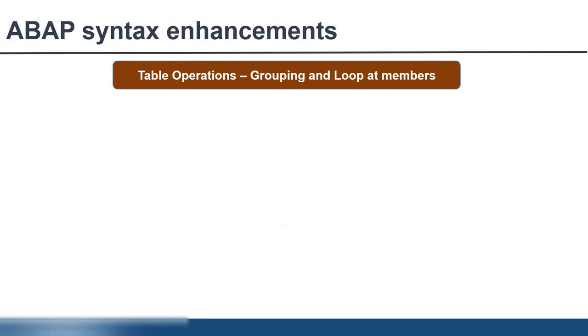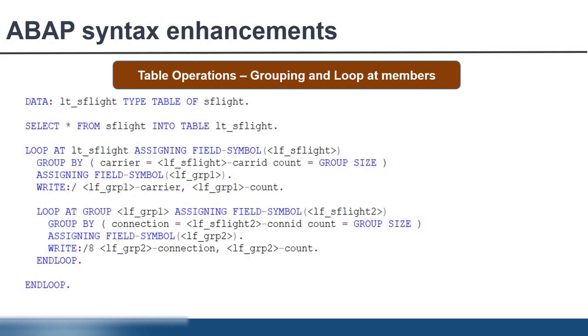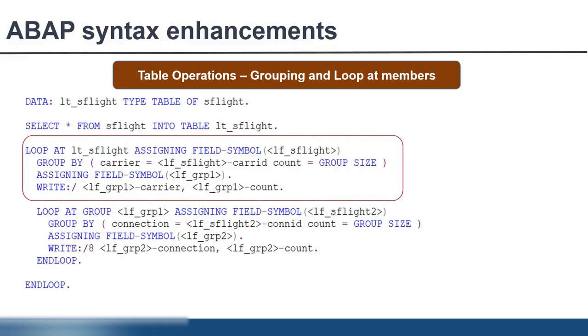Consider an example given on the screen. Here it is grouping and looping at the members. The first loop and the group by statement group based on carrier ID. That means it forms a subgroup with unique carrier ID.